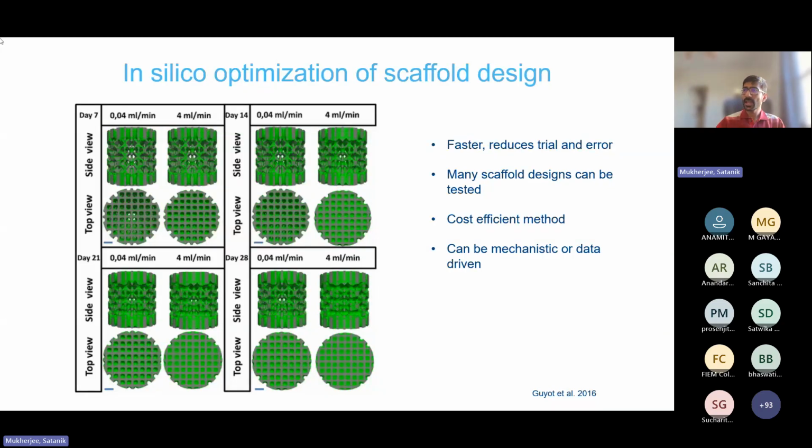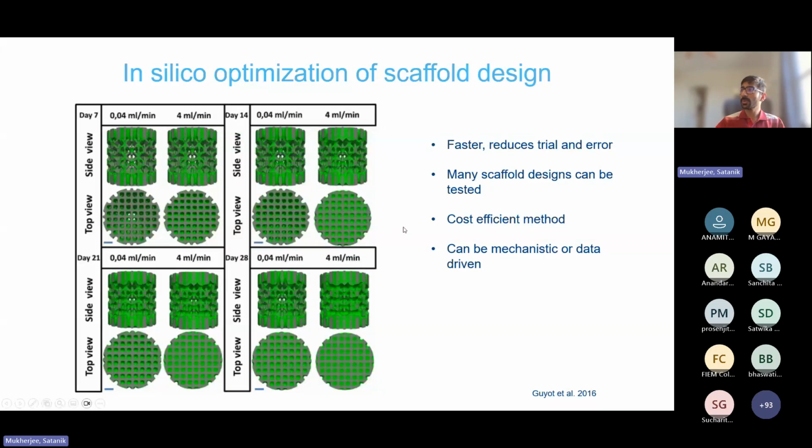This is an example of previous studies from our group, which designed different scaffolds for bone regeneration. So if you have a bone defect, how would you design a scaffold that when you put cells in the scaffold and put it back in the bone, in the defect region, would regenerate bone? And this involves computer models with a background of mathematical models that model the flow, the mechanics of the scaffolds, but also how this mechanics influences tissue growth in the scaffolds.